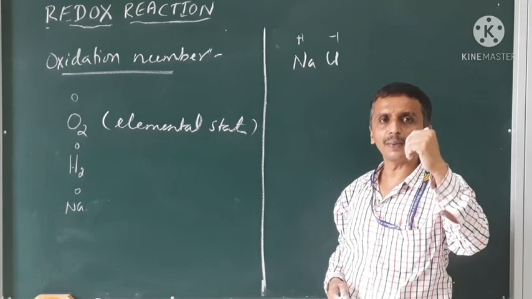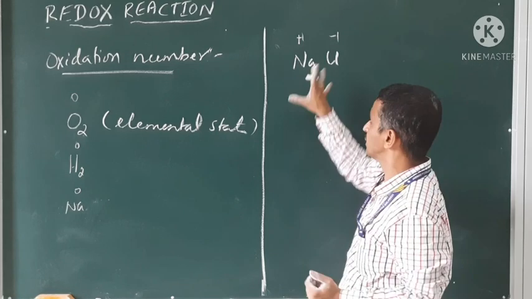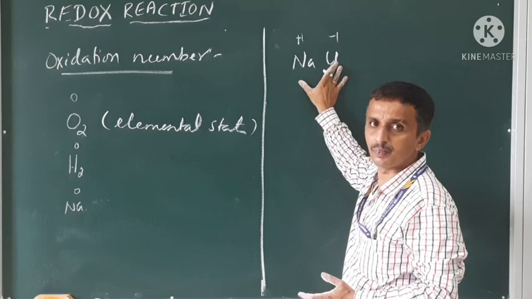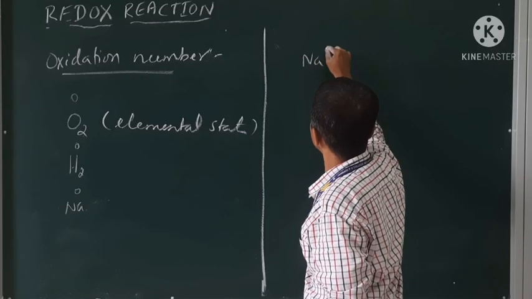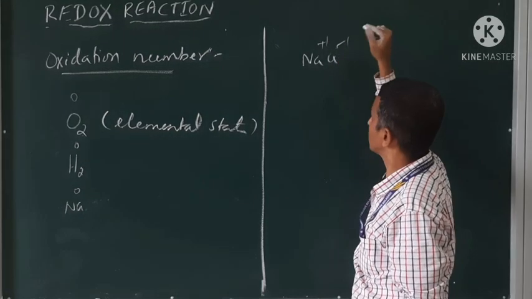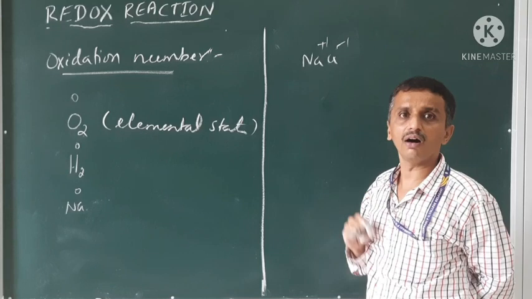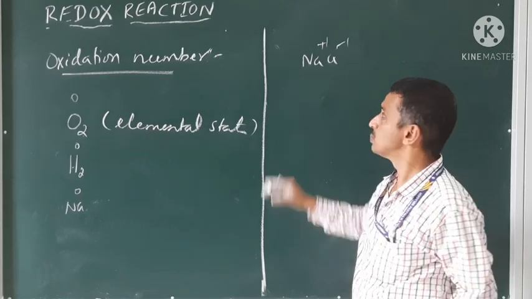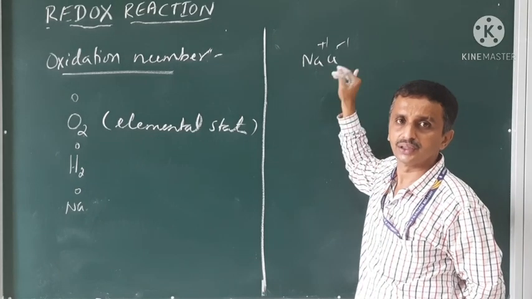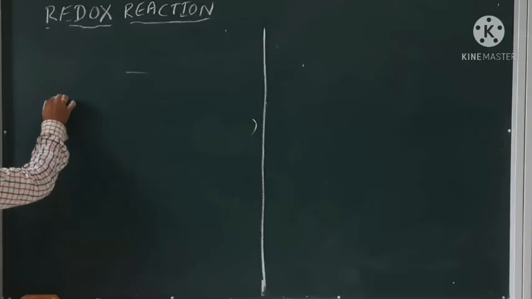So the real or apparent charge possessed by the atoms of the different elements is called the oxidation number.